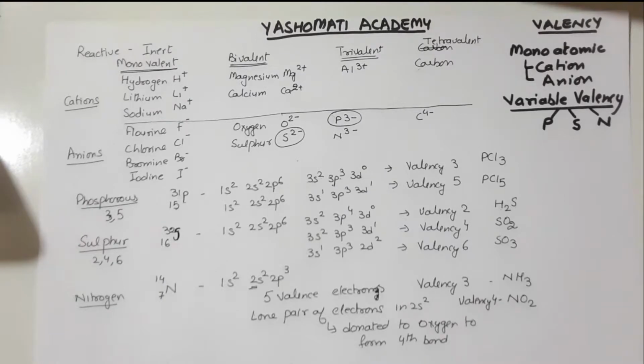We have also studied the system of nomenclature, such as copper 1 or copper 2, or cuprous and cupric for lower and higher valency of copper. Similarly, we have studied some transition elements also.